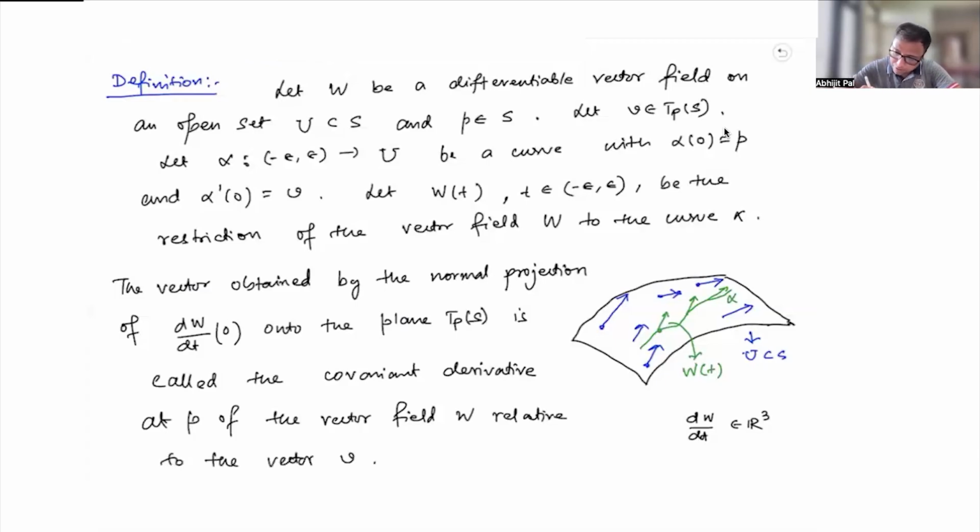Yeah, so suppose this is my point P, and suppose this vector is my dW/dt. And after that, what you do is take the normal projection of dW/dt onto the tangent plane. So let me draw the tangent plane.